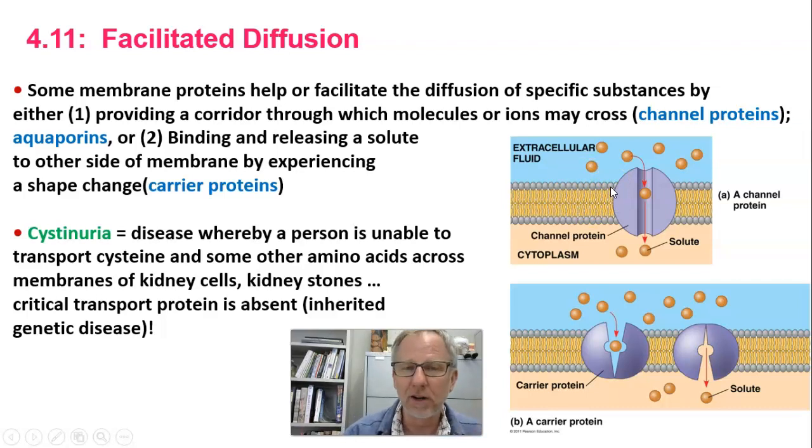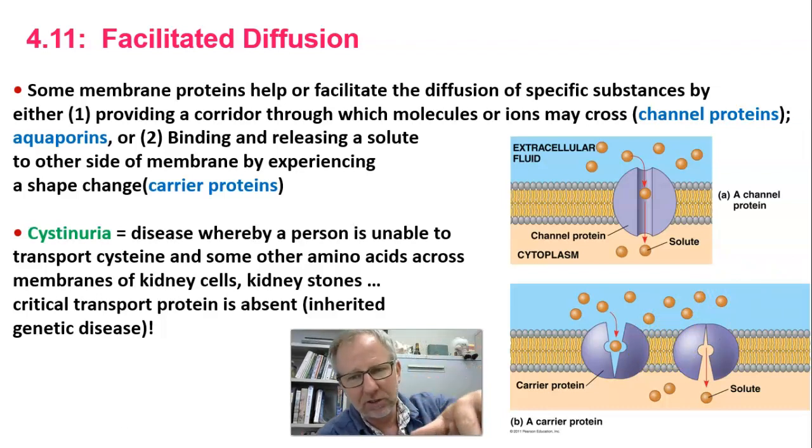The other kind of transport protein that helps with facilitated diffusion is called a carrier protein. That's shown on the bottom part of the figure. With carrier proteins, a substance bumps into the protein and sticks to it. It attaches to the protein. And when it attaches, the protein changes its shape and moves the substance to the other side.